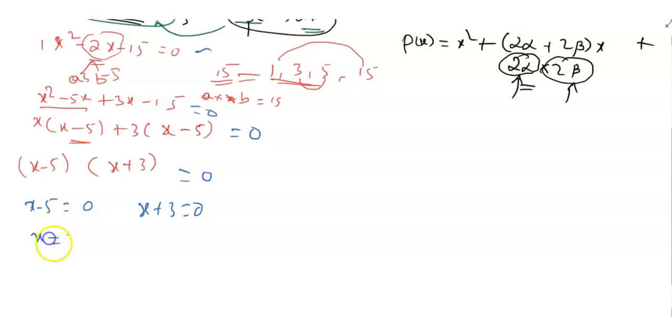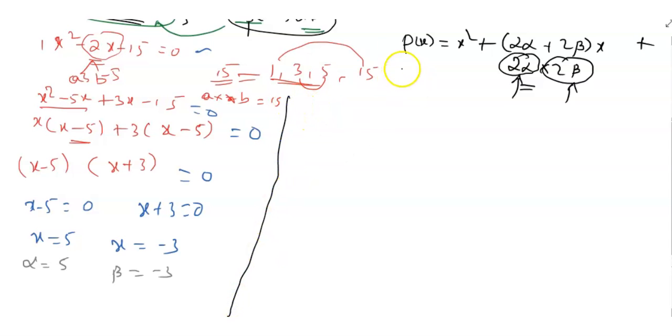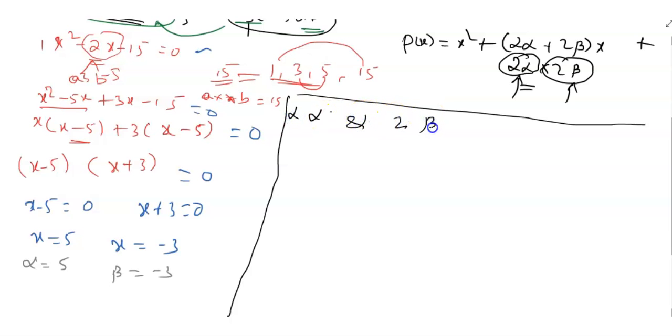Okay, x is equal to 5 I will get and x is equal to minus 3 I will get. So I can say my zeros are, here my alpha is 5, my beta is minus 3. So that you can easily find out here. So next, let's find out the polynomial whose zeros are 2 alpha and 2 beta.